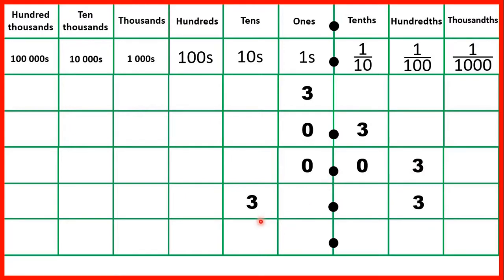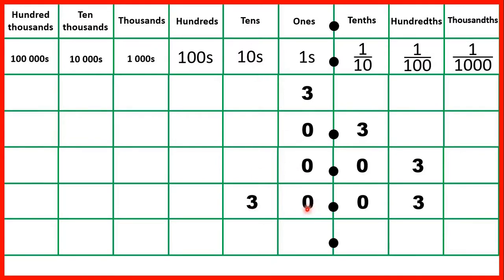Now, what if we have 3 tens and 3 hundredths? All of our other place values are really zeros, but we don't need zeros on the start of a whole number, and we don't need zeros on the end of decimals. But we do need this 0 here because we need to show that this 3 stands for 3 tens.